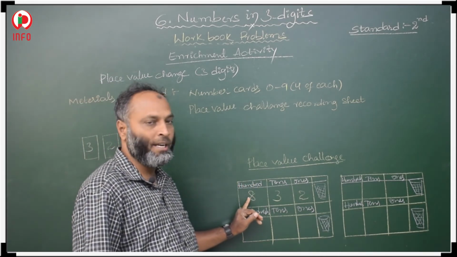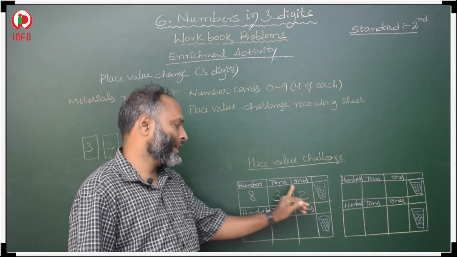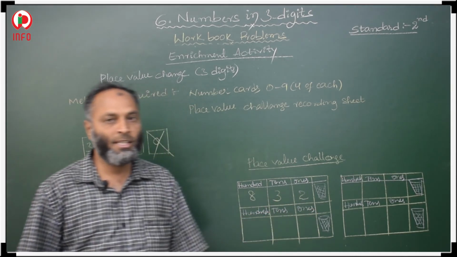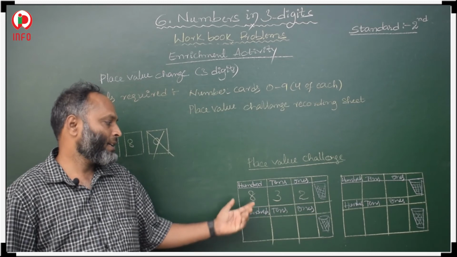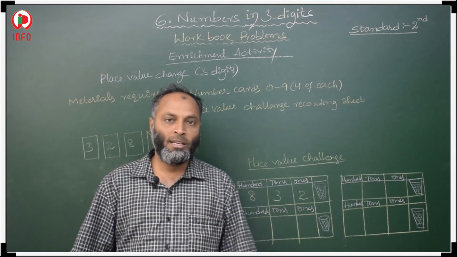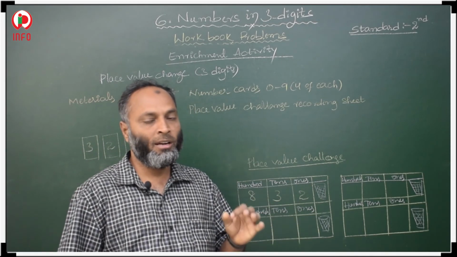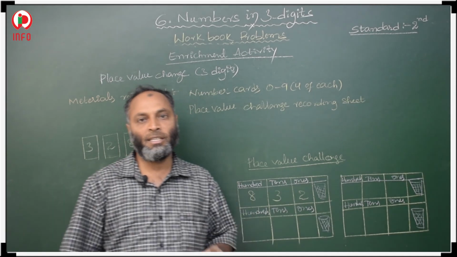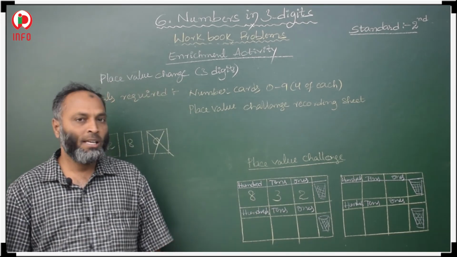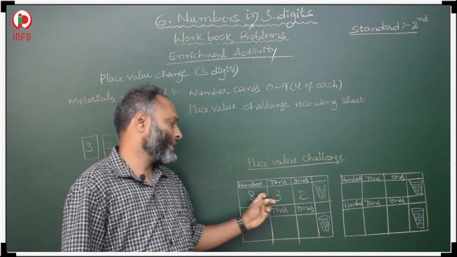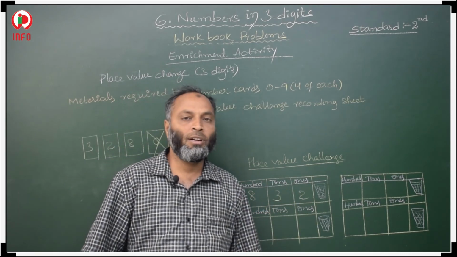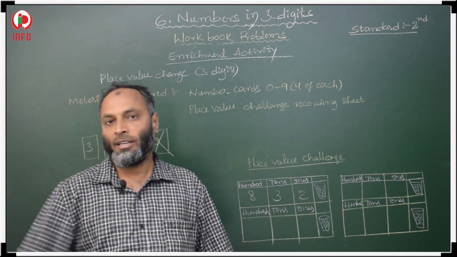This is the greatest, lesser than this is 3 and lesser than this is 2. So in this way we have to arrange our 3-digit number. So we have to prepare the greatest 3-digit number using this. Then what is the number here? 832.